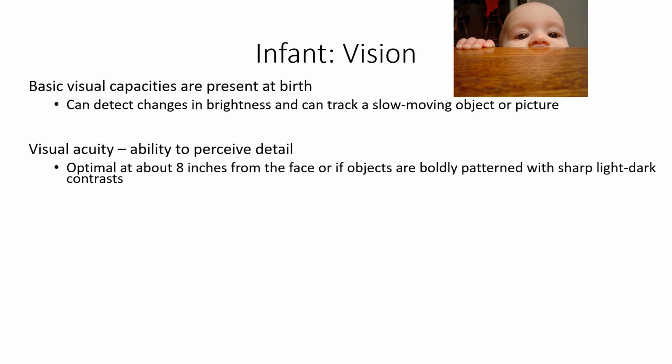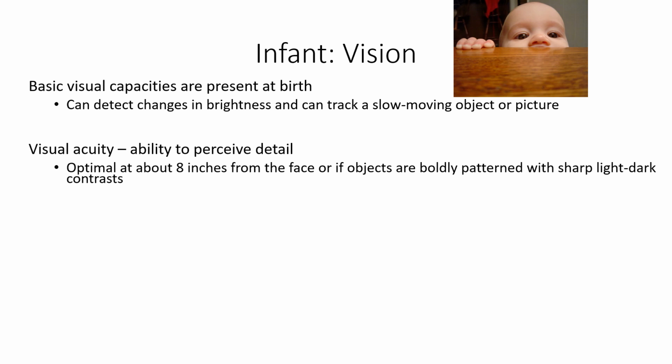blurry. So 8 inches from the face is the optimal distance, and objects that are boldly patterned with sharp light and dark contrasts. I always see mobiles advertised, the ones above the crib, that have lots of various different designs and stuff like that.